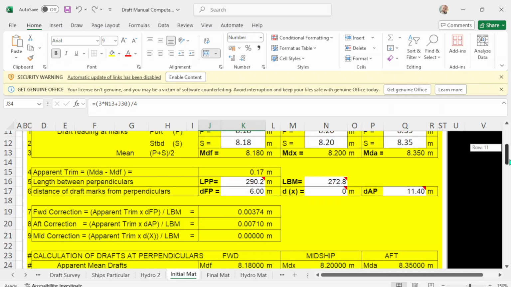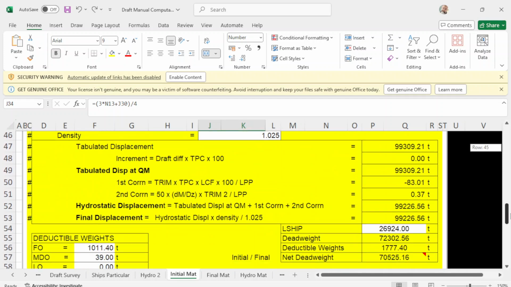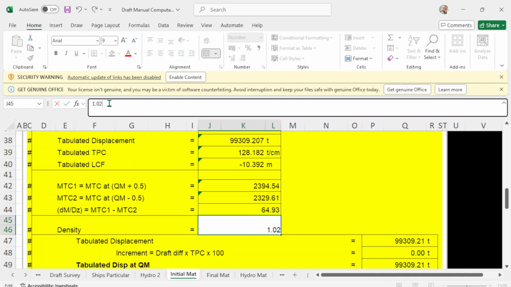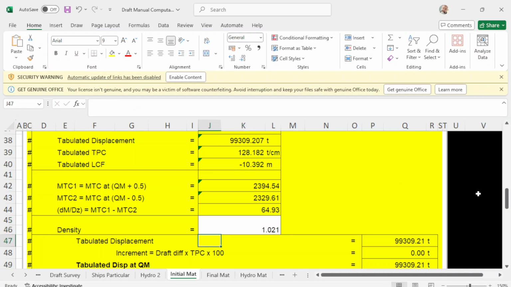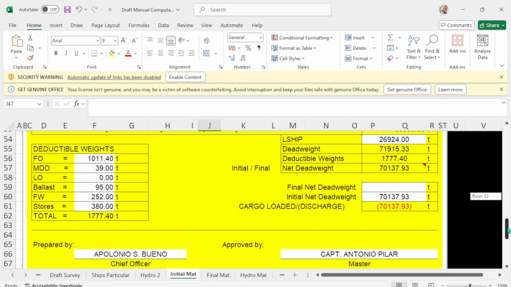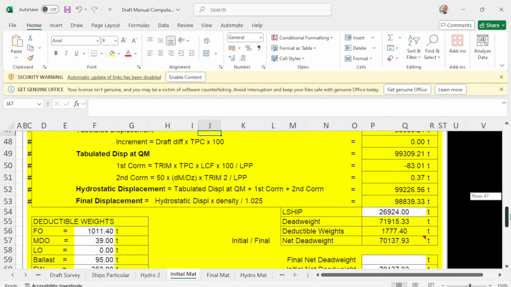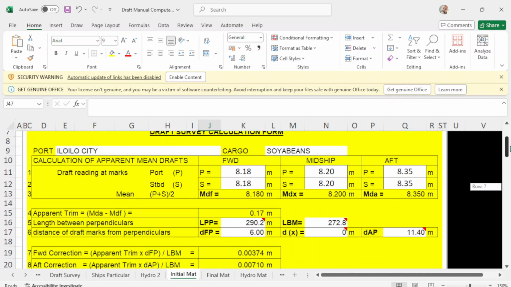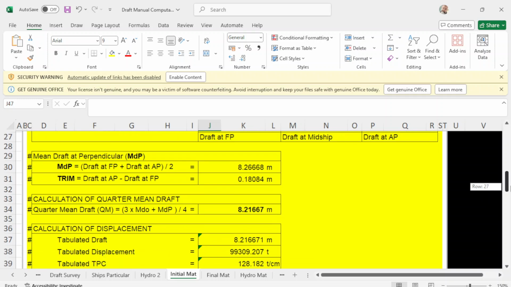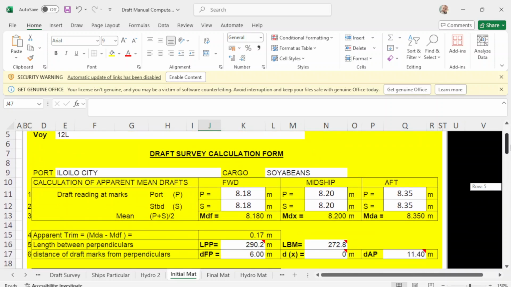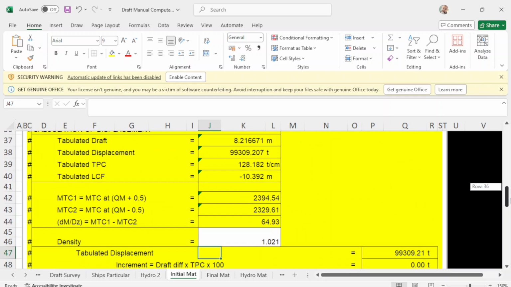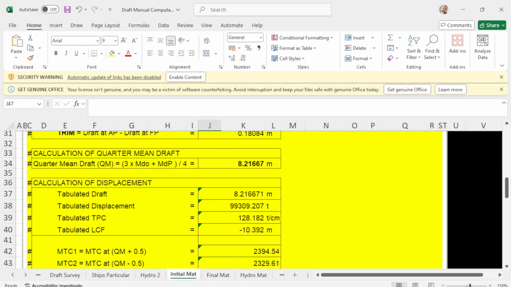18.23.5. Okay, and this is initial density, should be 1.021. Okay, and your cargo is wrong, something wrong here. 18.21, is that correct? 18.21.